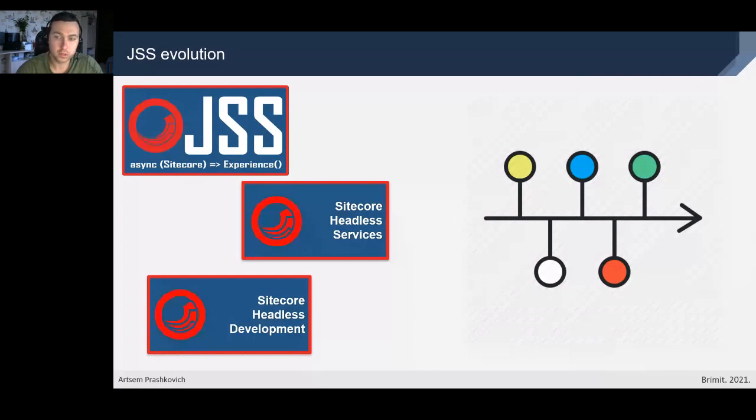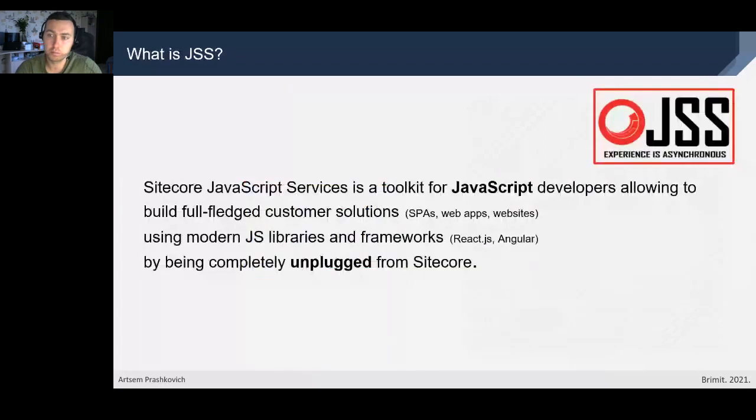Initially, it was presented by Sitecore as a toolkit for JavaScript developers, allowing them to build full-fledged customer solutions like single-page applications, web apps, and websites, using modern JavaScript libraries and frameworks like Angular, React, and currently Vue.js is also available, and be completely unplugged from Sitecore.